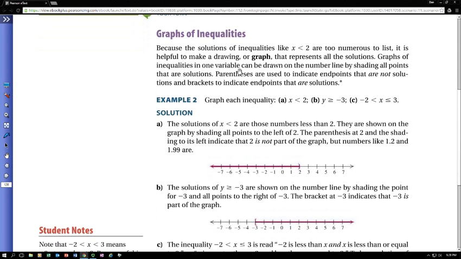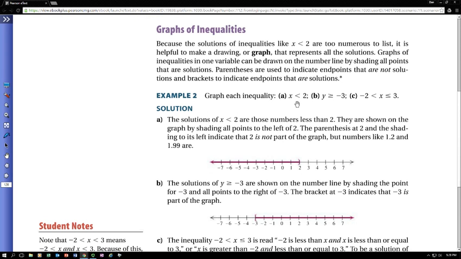Well, one of the first ways we're going to deal with illustrating solutions to inequalities is by graphing. And we're just talking about a number line type graph. So we just make some rules about how we can communicate. So they want us to graph these certain inequalities, like x is less than 2. Or I could say x is left of 2 on a number line.